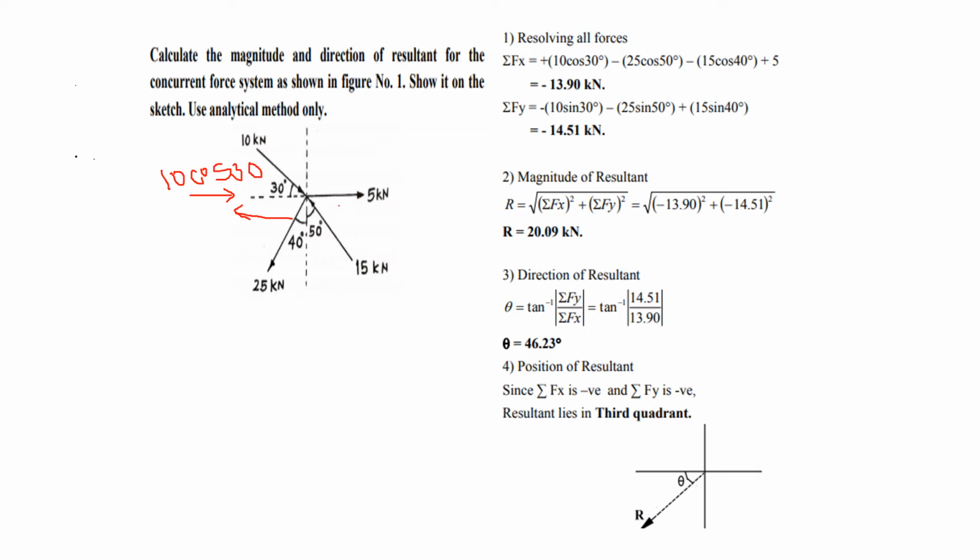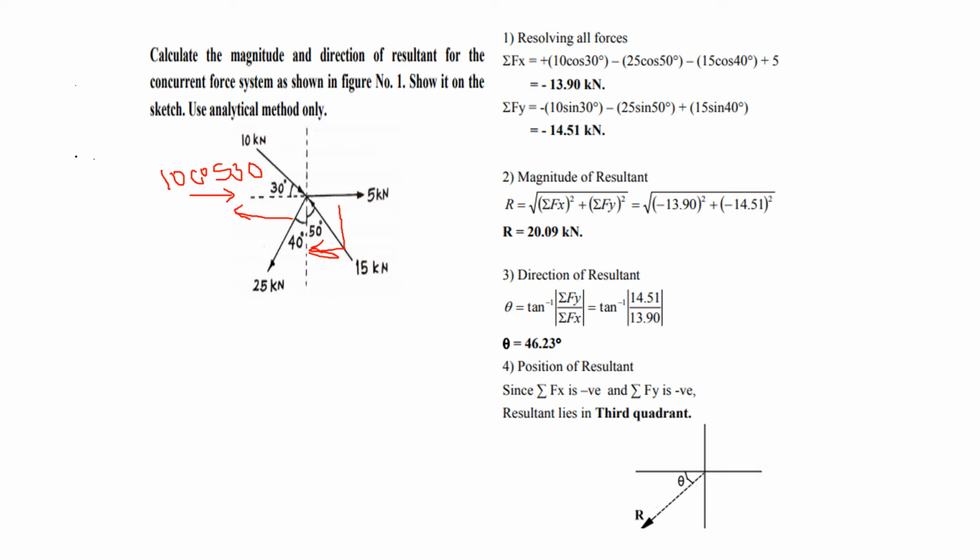We resolve this 15 like this; this is the horizontal component, and it is at the left side, so minus 15 cos 40, plus 5, which is on the right side. When we do this calculation on the calculator, we get summation Fx equal to minus 13.90 kilonewton.